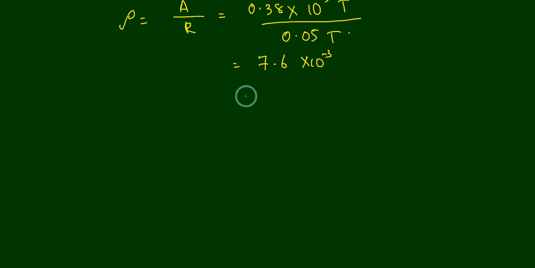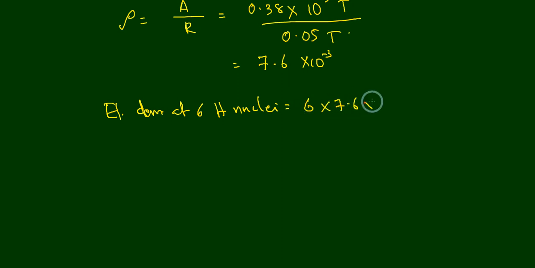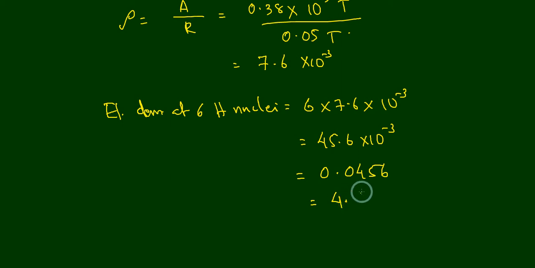So if we are counting the electron density at 6 hydrogen nuclei, that is equal to 6 into 7.6 into 10 raised to minus 3, and that is equal to 45.6 into 10 raised to minus 3, that is 0.0456, right? And that is equal to 4.5 percentage.